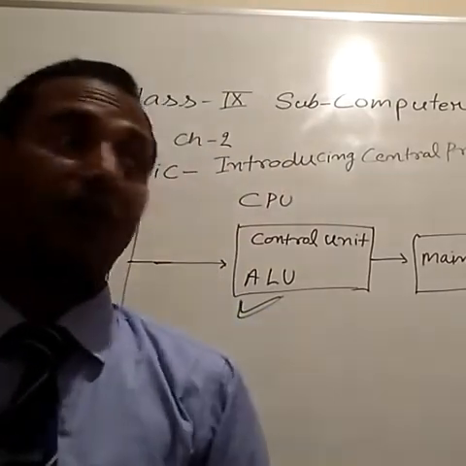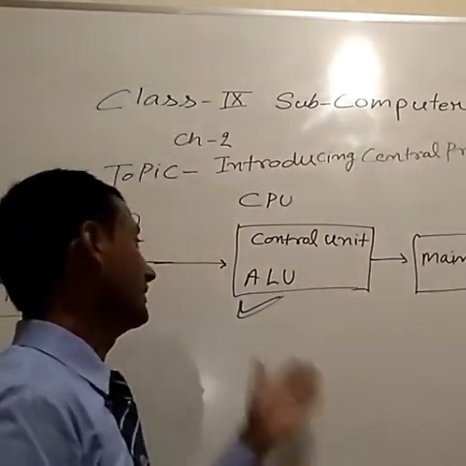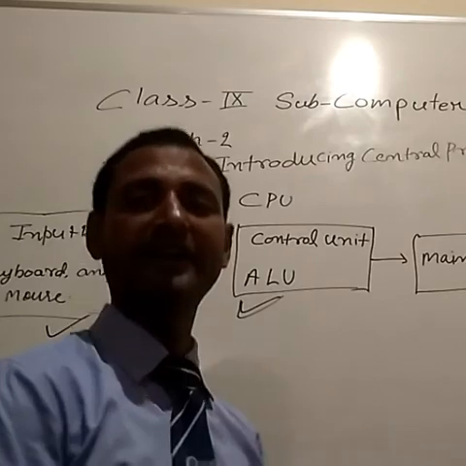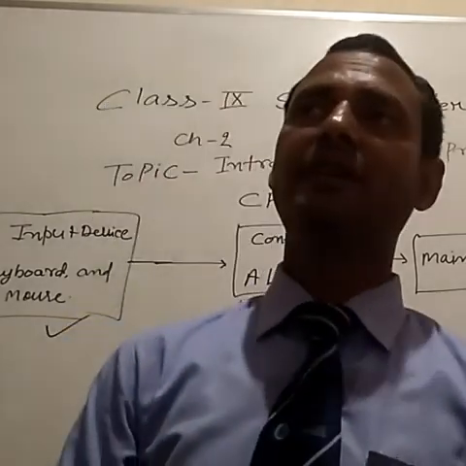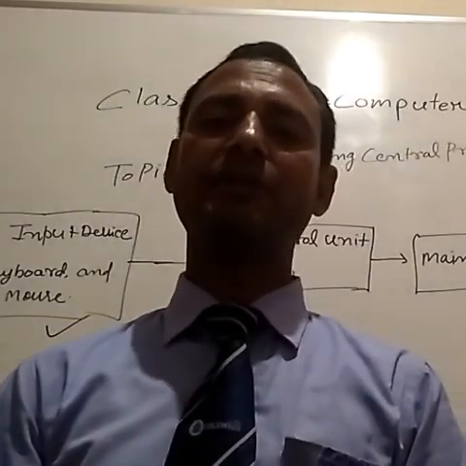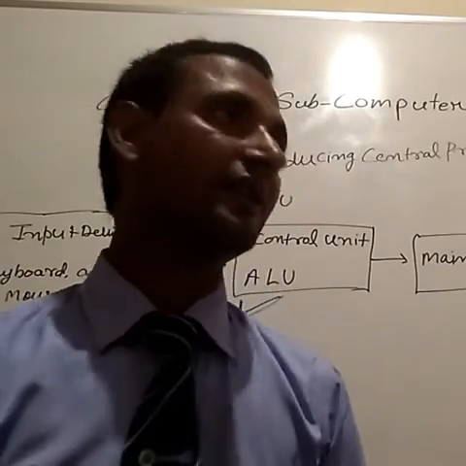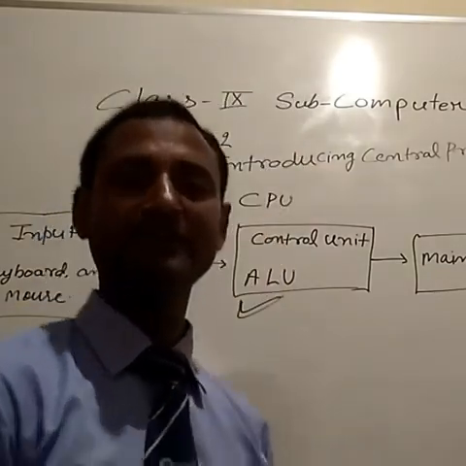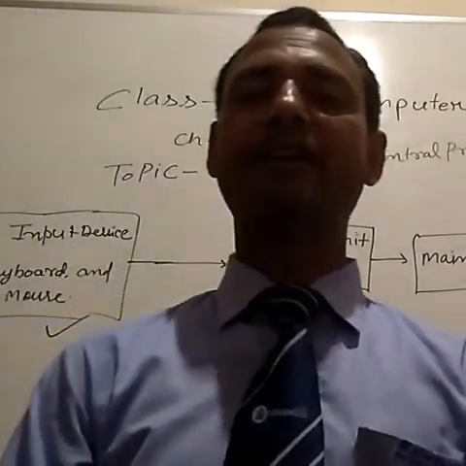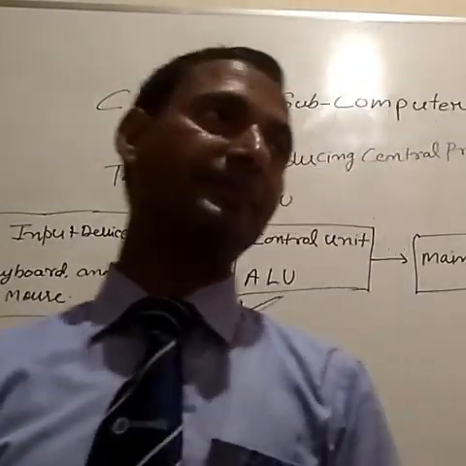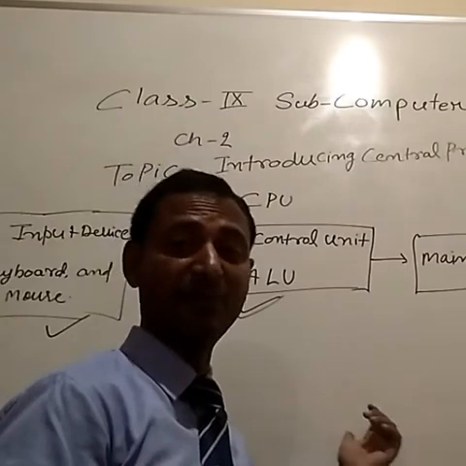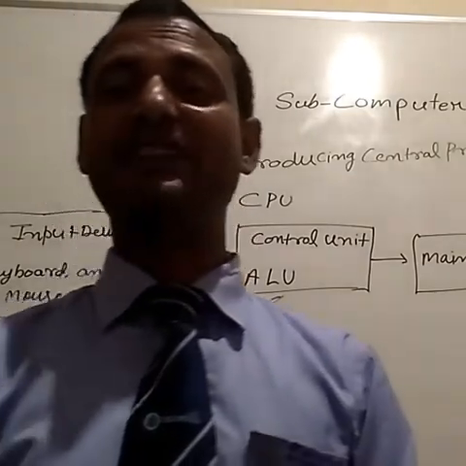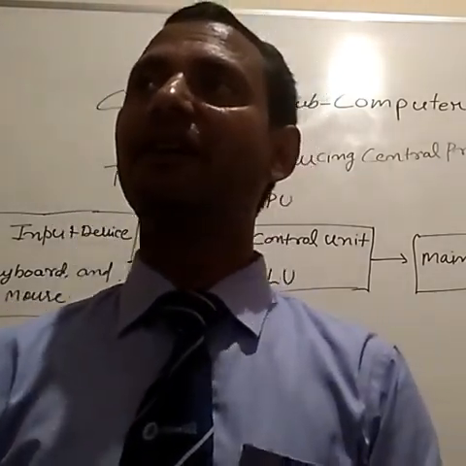This is also called the ALU, arithmetic and logic unit. Arithmetic means all the calculations, and all the calculations are performed by the computer with the help of the arithmetic unit.